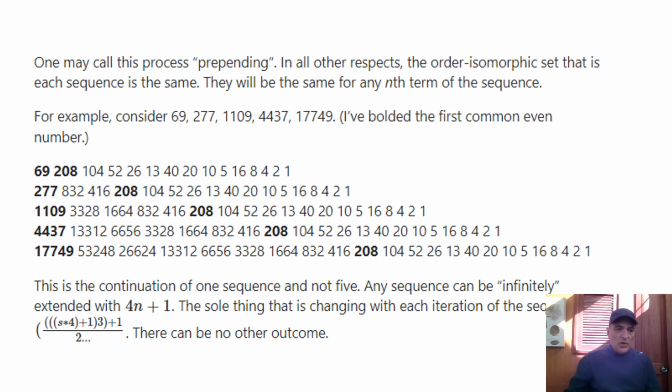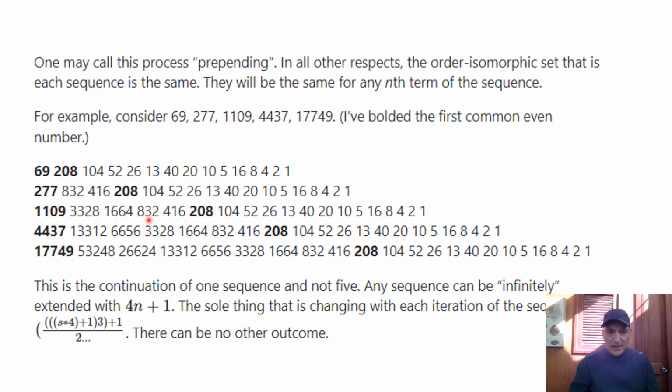Now, you will see that these sequences are really truly the same. There's just prepended even numbers, and in each case the first odd number is superseded by a multiple of 4 plus 1, and then you don't see the original number, but you see the merge, and it's totally predictable.